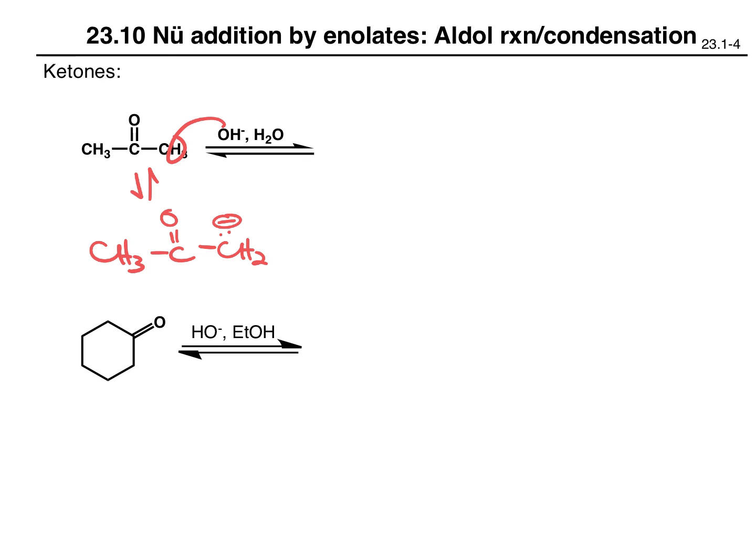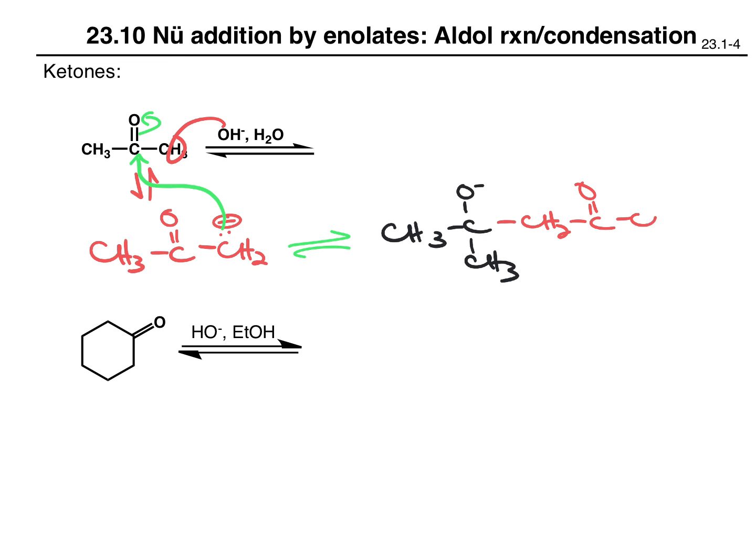And then the enolate can add to the carbonyl carbon so that we will make some of this intermediate. And then this can get protonated by the solvent to give this.